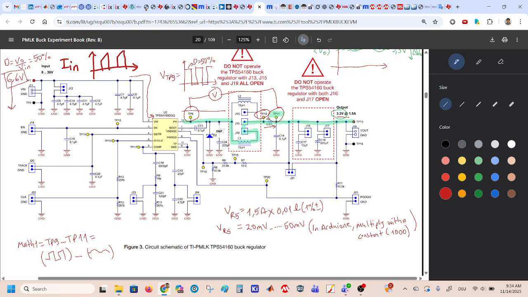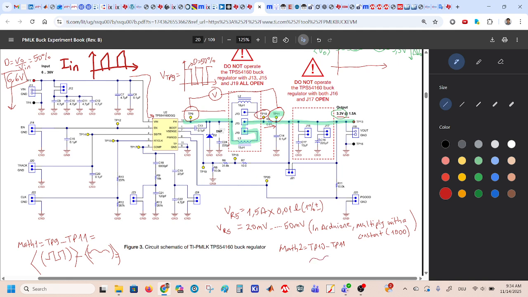And this was difficult to take into account for math, because we need always the average values of these signals. The advantage here, let's say math 2, TP10 minus TP11.